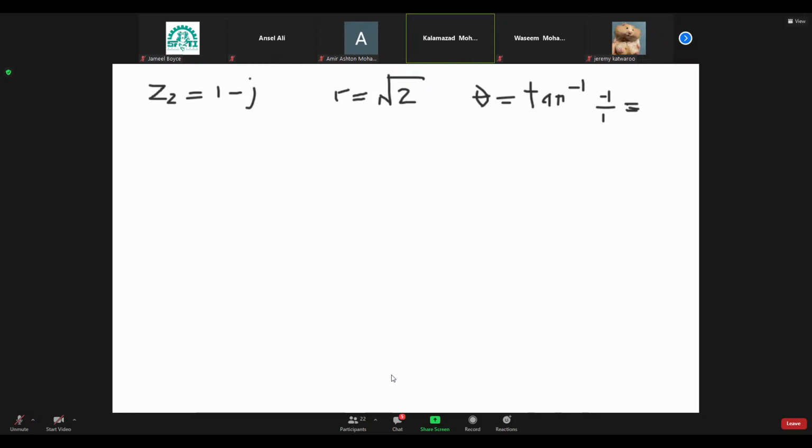But notice that you're going to get minus 45 degrees. Tan inverse of minus 1 would be minus 45 degrees.